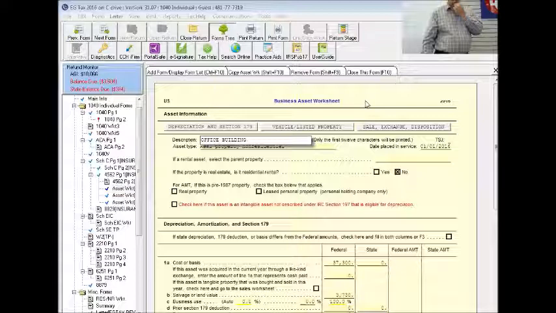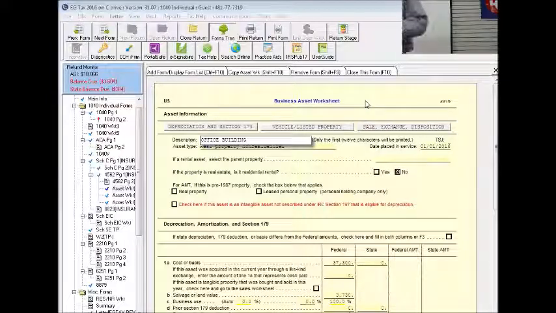In the 4562, I list the property I'm depreciating. So I have all different types of depreciation percentages and years, and it takes care of that when it moves to the Schedule C. Yes.